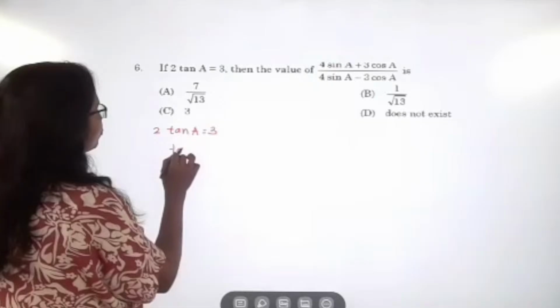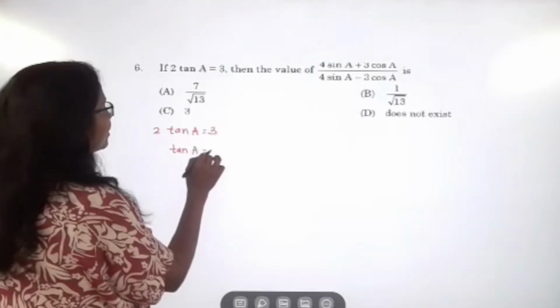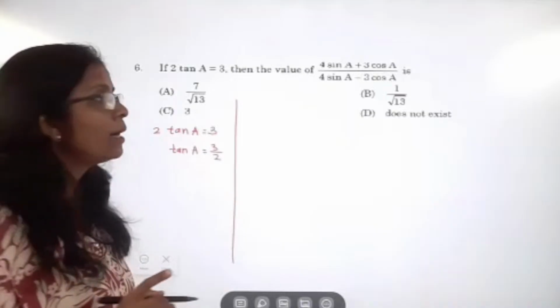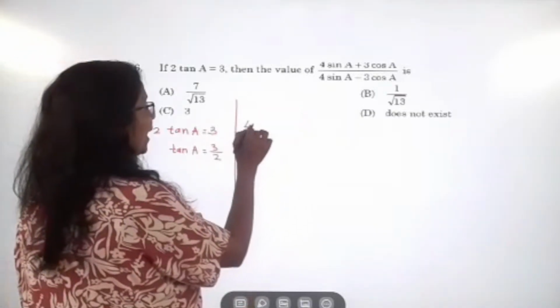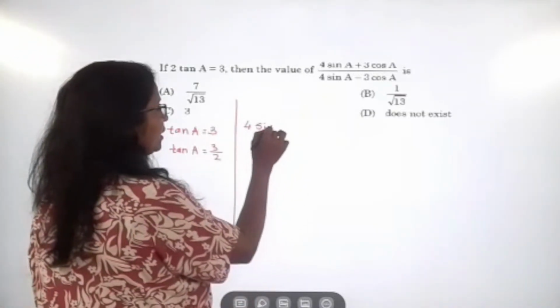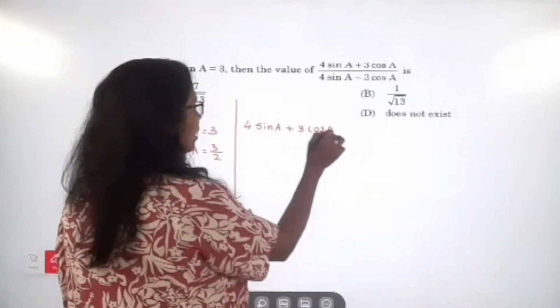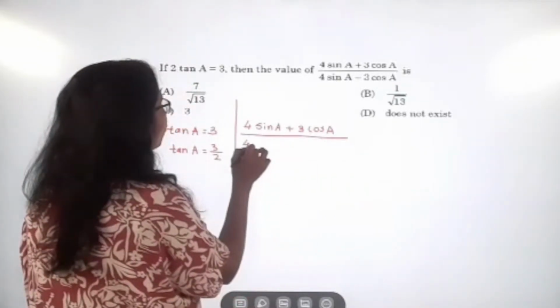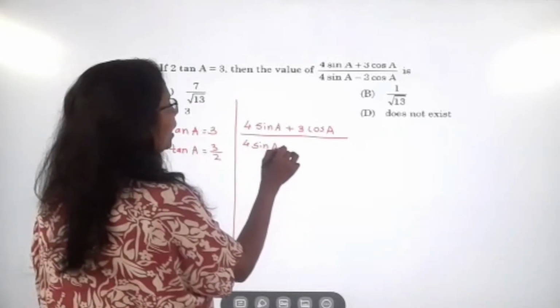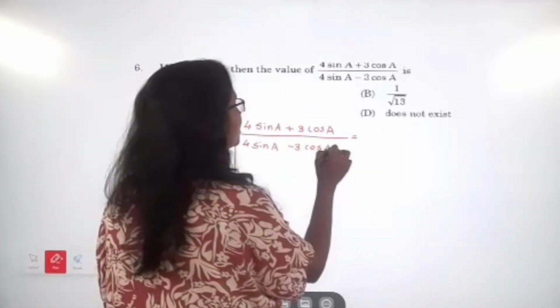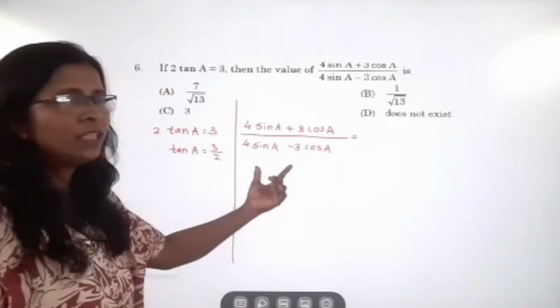So that means here students that tan A is equal to 3 upon 2. Okay, tan A is equal to 3 upon 2. So now here I write down this 4 sin A plus 3 cos A upon 4 sin A minus 3 cos A. So now here students, we have to find out the value of this quantity.